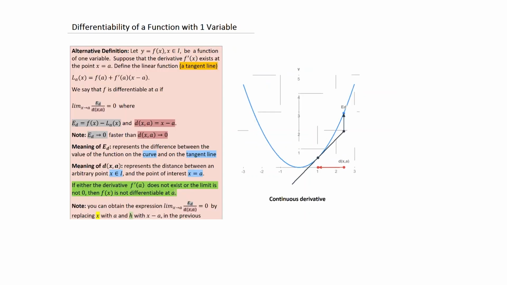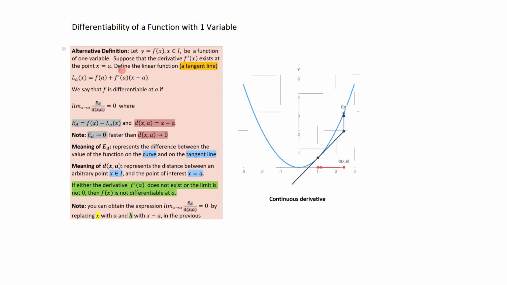All right, so now we're looking at the alternative approach for the definition of differentiability, invoking a geometric principle. Let's see how we state this one. First of all, we'll let y equals f of x, where x is an element over a certain interval, be a function of one variable. Suppose that the derivative f prime exists at the point x equals a.